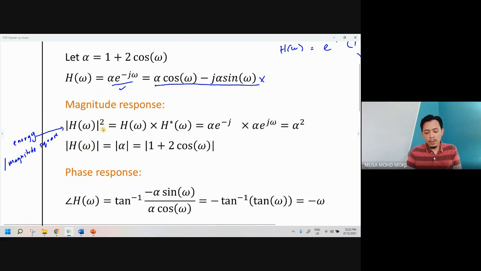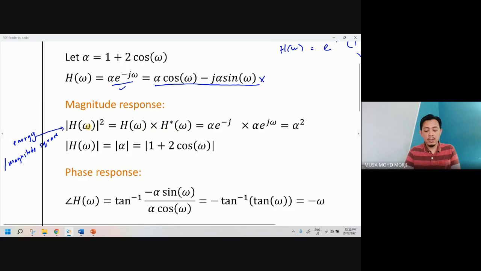But why do we need to do this? Because we want to solve this one easily. This one is a bit complicated to solve. So for the magnitude square, if you go back to our previous notes, the magnitude square is the original frequency response H omega multiplied with its conjugate.